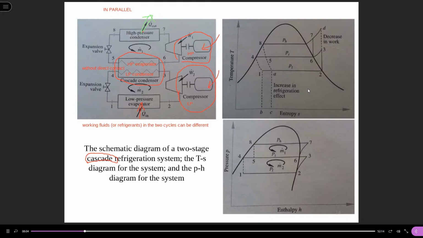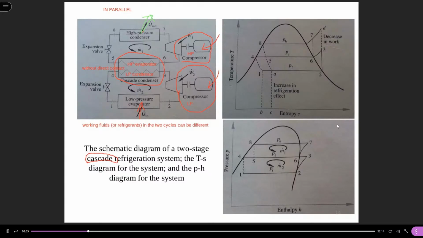Then let's see how to construct the cycles on the temperature-entropy diagram and the pressure-enthalpy diagram. Firstly, let's decide which state to start with. Then we choose state 2.